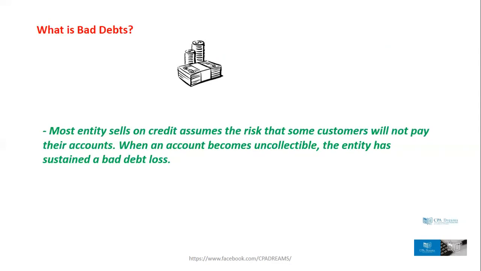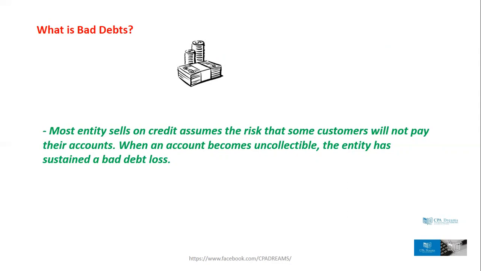And when an account becomes uncollectible, the entity has sustained a bad debt loss. That is why bad debts occur. The possibility is the customer went bankrupt, or could not collect from their own customer. So there are many possibilities, and there is a possible risk.